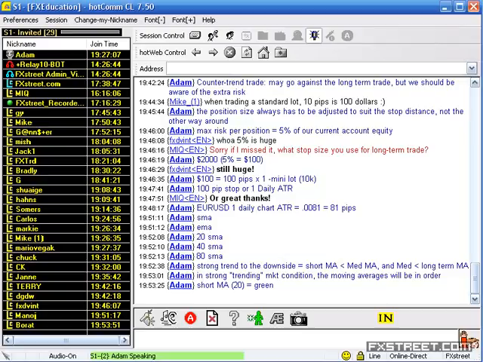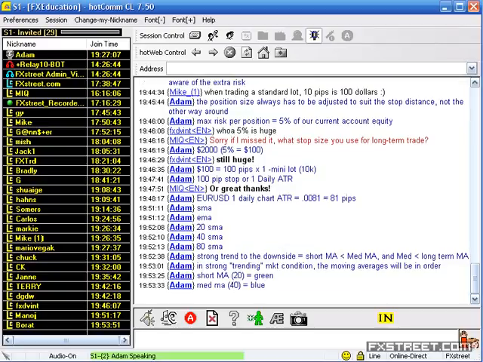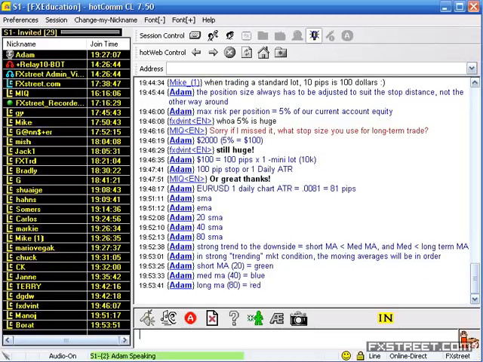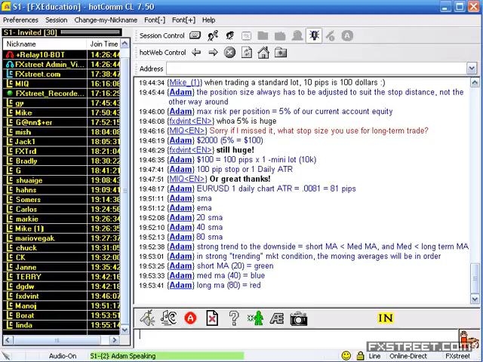The medium MA, which is 40, is blue. And the long MA, which is 80, equals red. Just to give you a color key there, okay? Now the Bollinger Bands is basically the 20 simple moving average plus or minus 2 standard deviations. Now we can use the Bollinger Bands to help us find the entry, but we first have to determine if the trend is strong.